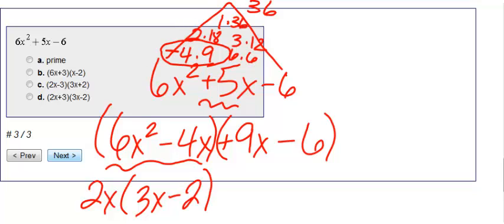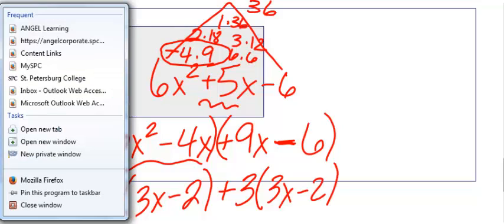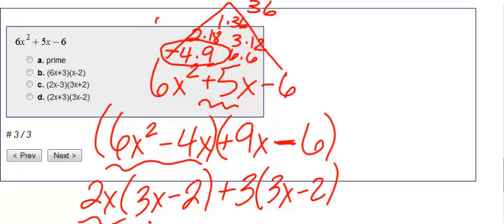Okay, I want 3x minus 2 here. My sign is minus, so I need to pull out something that's positive. A 9 and a 6, I can pull out a 3. So when I pull out a 3, I'm left with 3x minus 2. That is my goal. Here is one term.